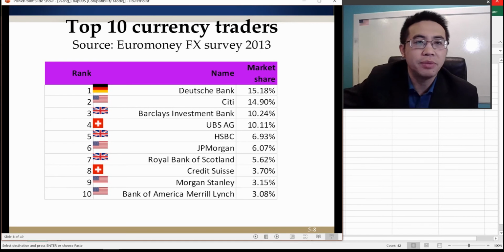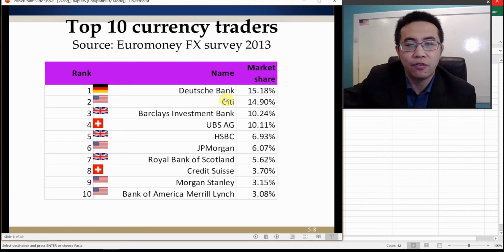Here are the top 10 currency traders. You will see Deutsche Bank from Germany at the top of the list, followed by Citigroup, which has businesses in over 100 countries in the world, and then Barclays from the UK, UBS from Switzerland, HSBC from the UK. HSBC stands for Hong Kong and Shanghai Banking Corporation.